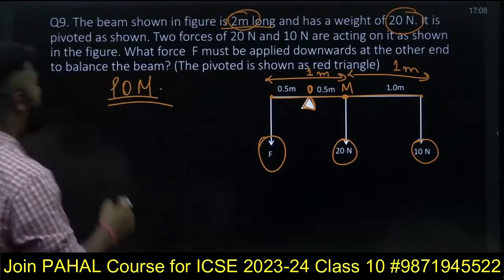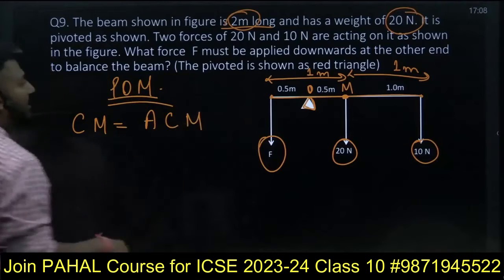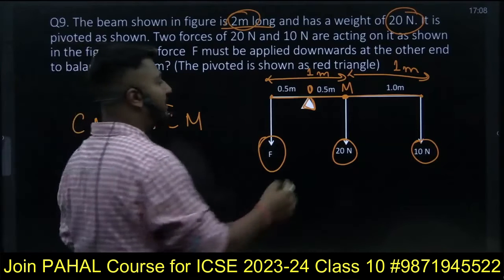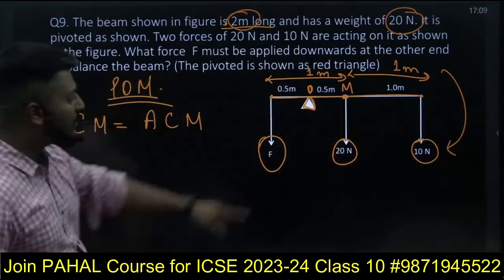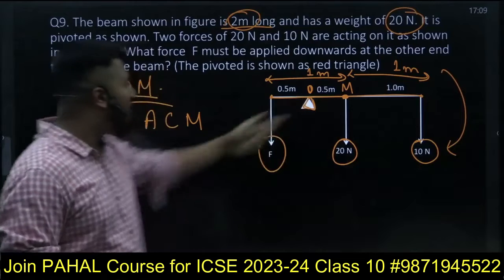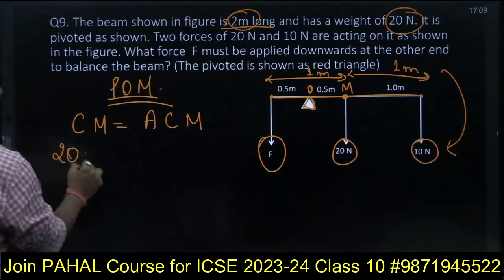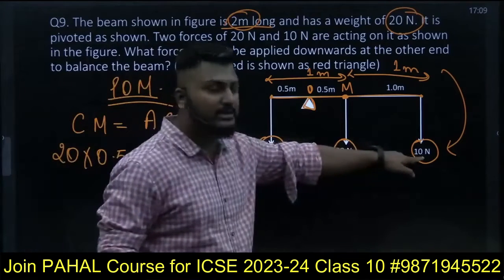So again, the clockwise moment will be equal to the anti-clockwise moment. Now let's find out the clockwise moment. The clockwise moment would be equal to what? This would be equal to 20 into the perpendicular distance from the center, so 20 into 0.5, plus 10 newtons into the total distance.